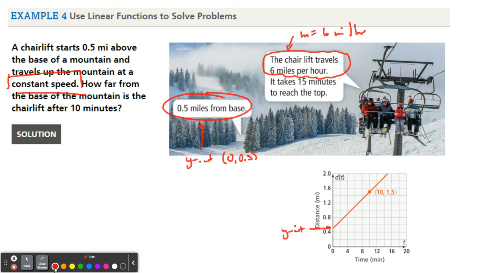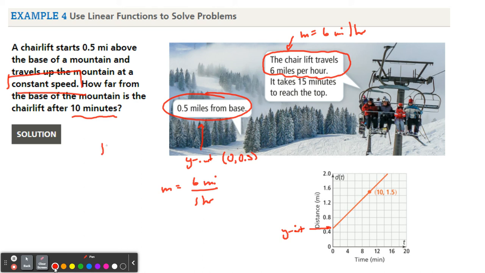And we want to know how far it will be in 10 minutes. So we have one big issue here, and the big issue is that our units don't match up. So I'm going to change our slope from 6 miles per hour into miles per minute. We take our slope, 6 miles per 1 hour. How many minutes are there in an hour?